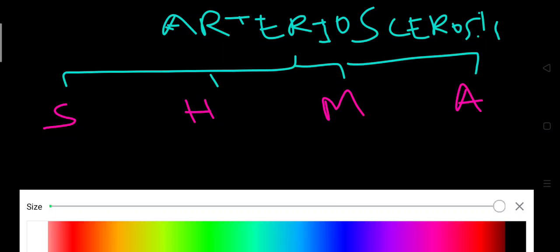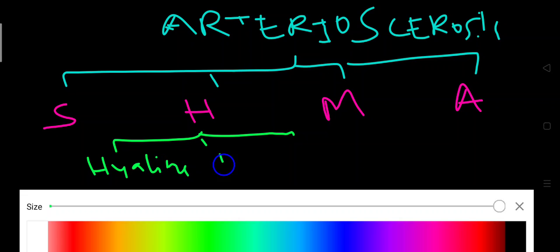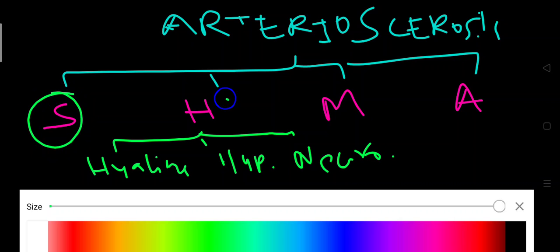In hypertensive there are further three subtypes: hyaline, hyperplastic, and necrotizing. So we have studied senile, hypertensive, and Monckeberg.